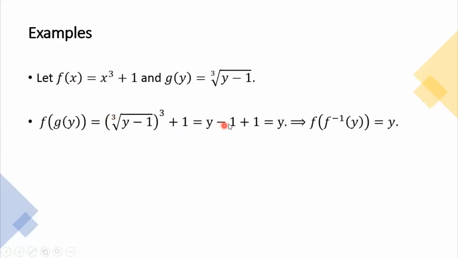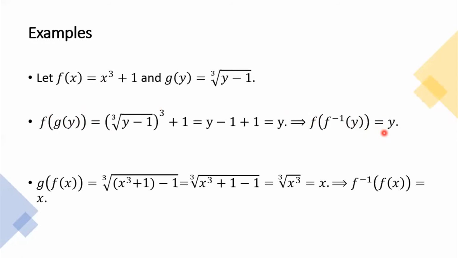So we have y minus 1, and there is plus 1 here. So y minus 1 plus 1 is equal to y. So we have written that our f of g of y is equal to y. So one of the conditions for us to say that f and g are inverse of each other is satisfied. Okay, next one.